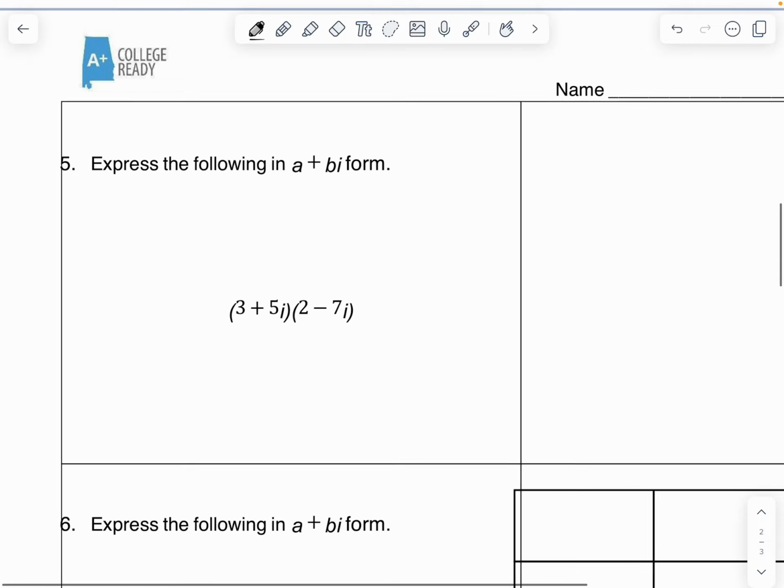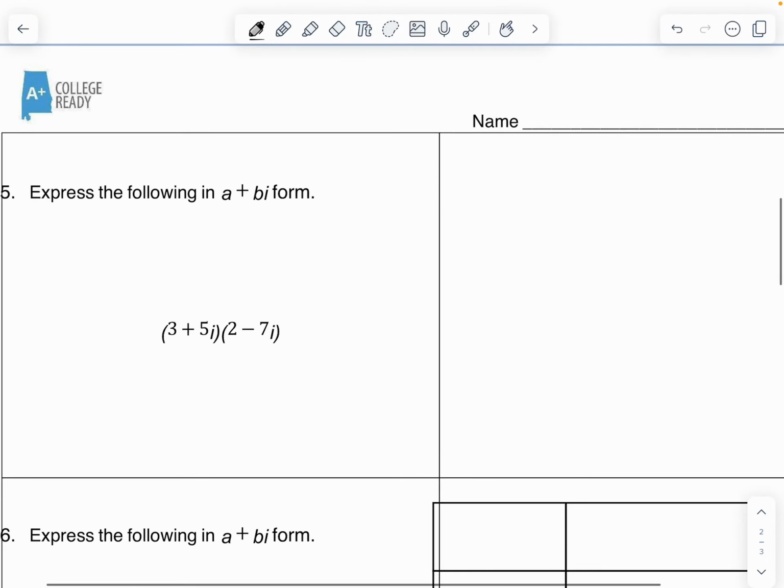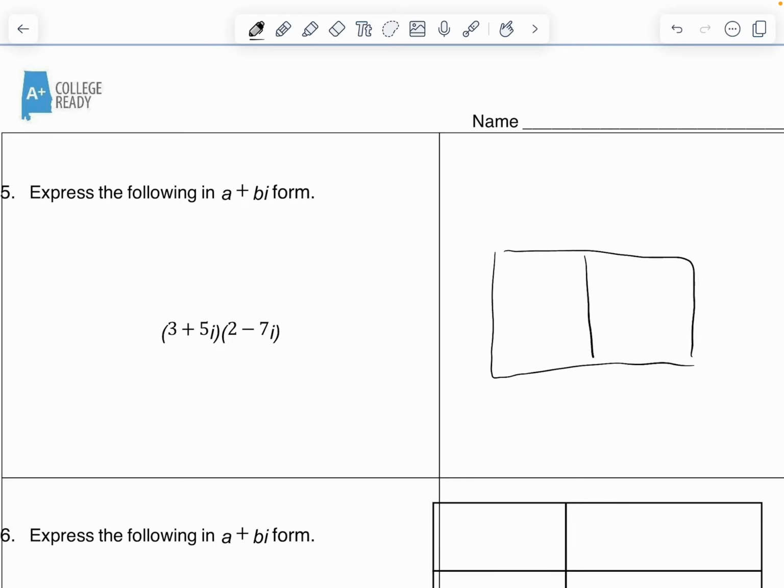Okay, number 5. So express in a plus bi form. To do this one, I am going to use the box to perform this multiplication. On one side we have 3 plus 5i, and on the other side we have 2 minus 7i.